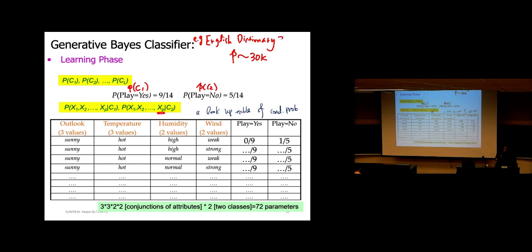So this is my x1 to xp, and my C is sentiment, up or down. How many parameters do you need to estimate for this case? Use the same calculation as this lookup table: 2, 2, 2, 2, which means 2 to the p, and then times 2, right?